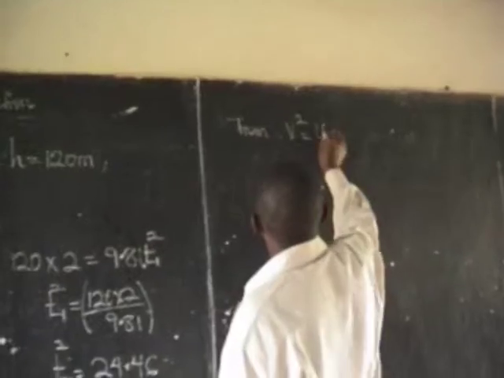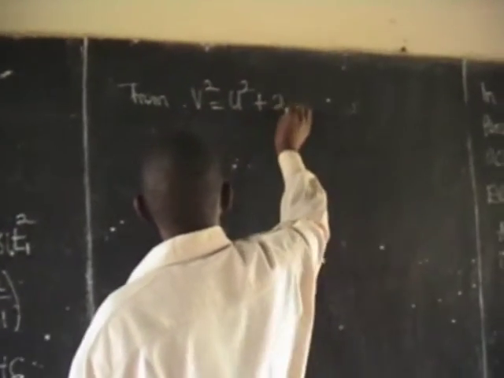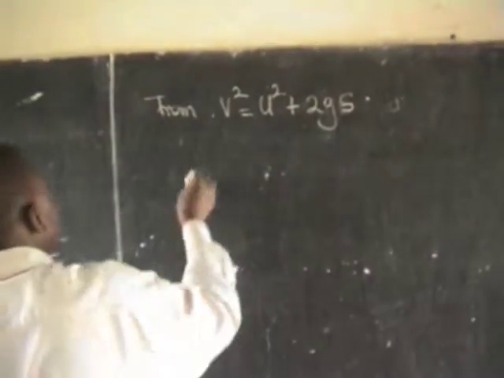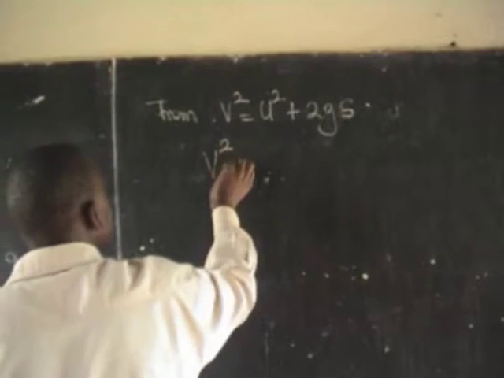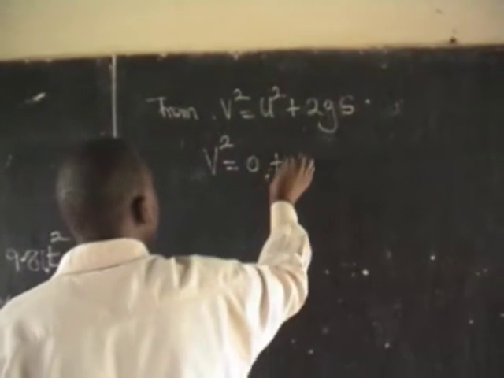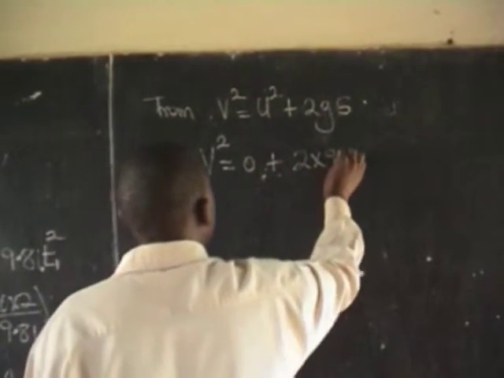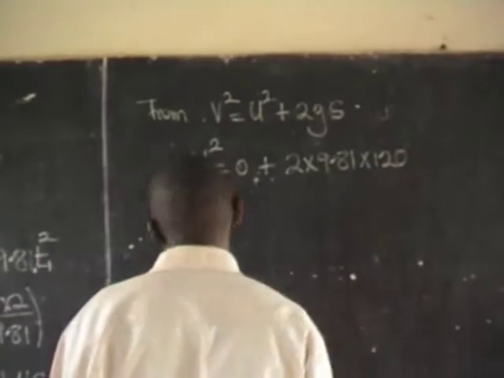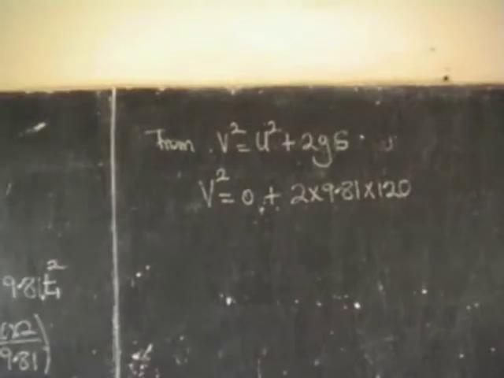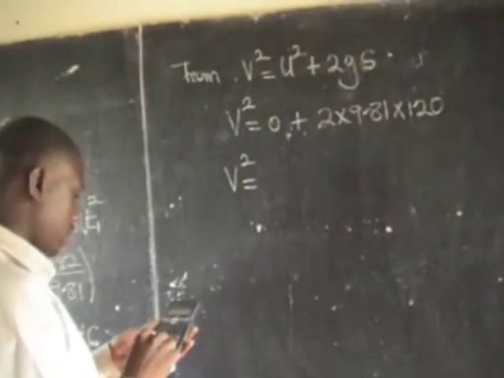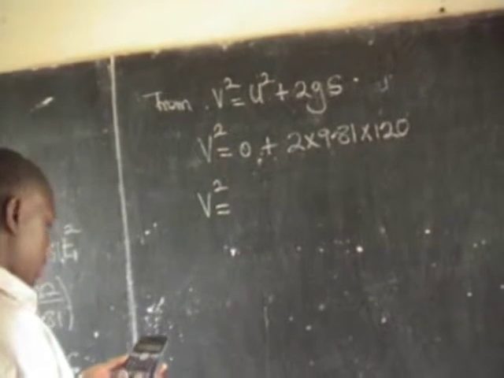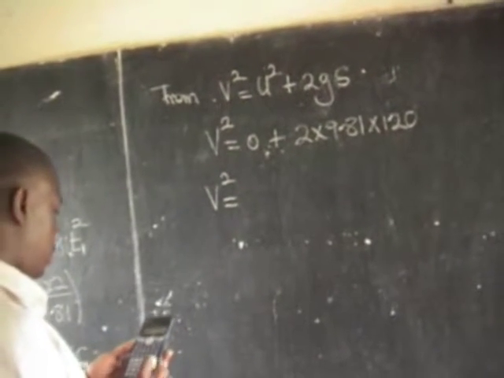So from the third, v squared equals u squared plus 2gs. So when the body hits the ground, you have v squared, this is a 0, plus 2 times 9.81 times the distance we have covered. 120.